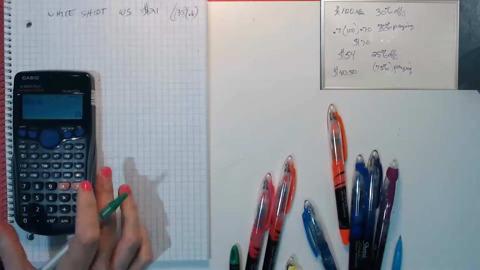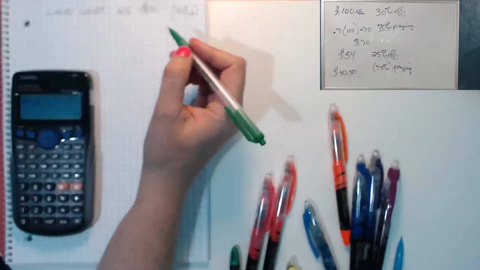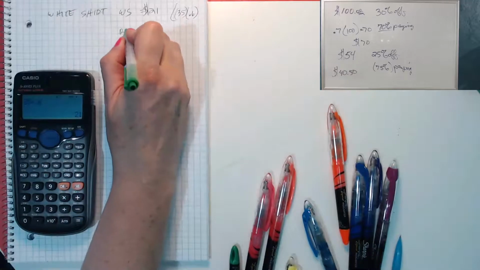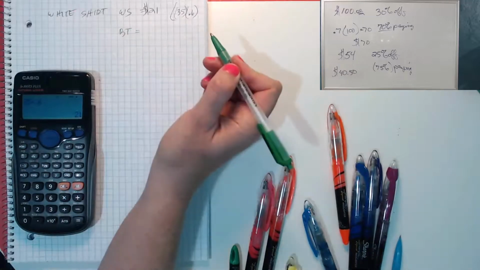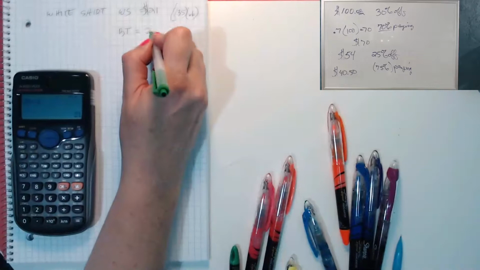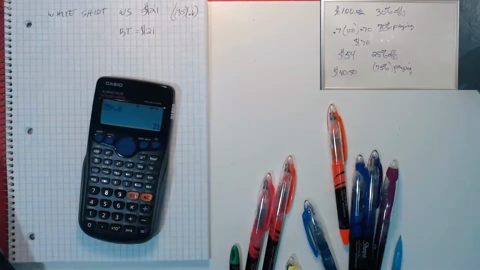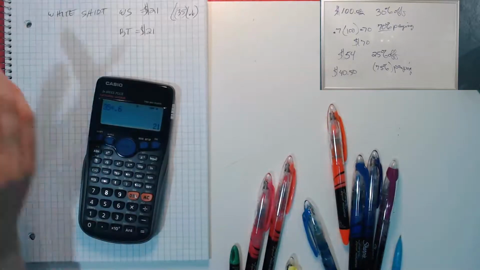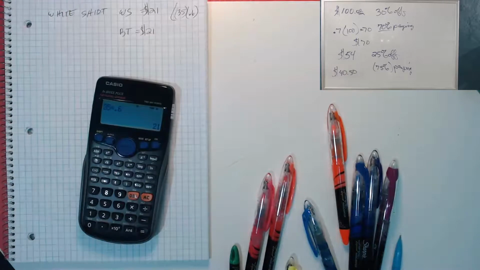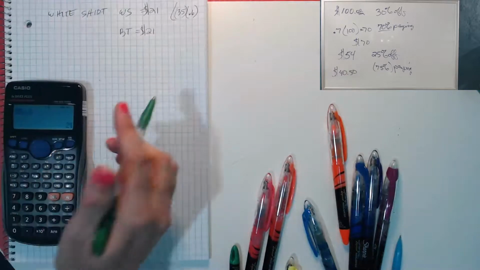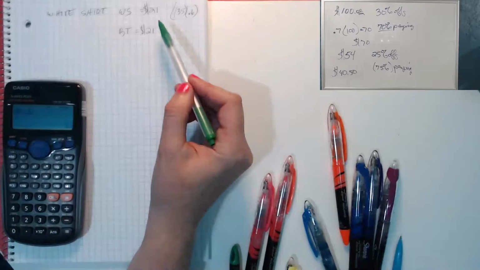Okay. How much is the blue tie? The blue tie is $21. So that's the first set of information that we have from the question.